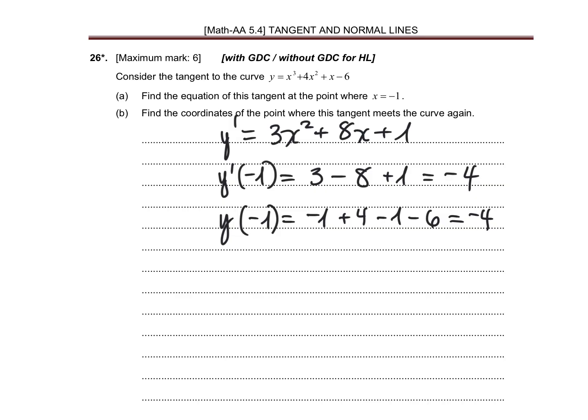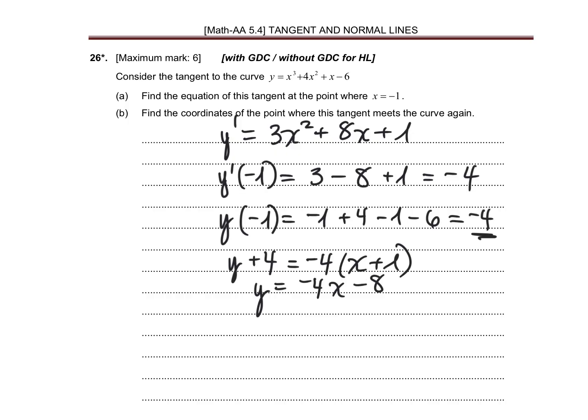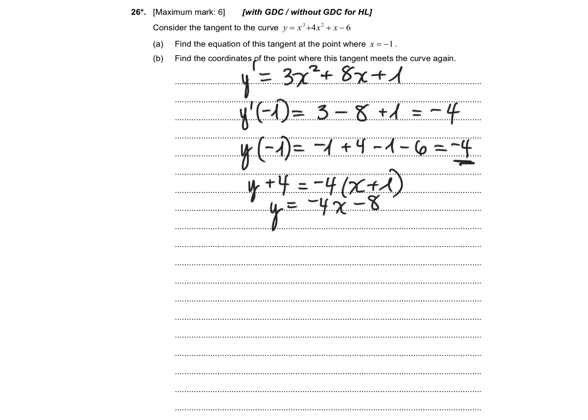Okay, so that means our line equation, the tangent, is going to be y plus 4, so y minus that y equals m times x plus 1. So if I just get this equal to y, it's -4x minus 4, minus another 4 is -8. So that's the equation of the tangent at x equals -1.